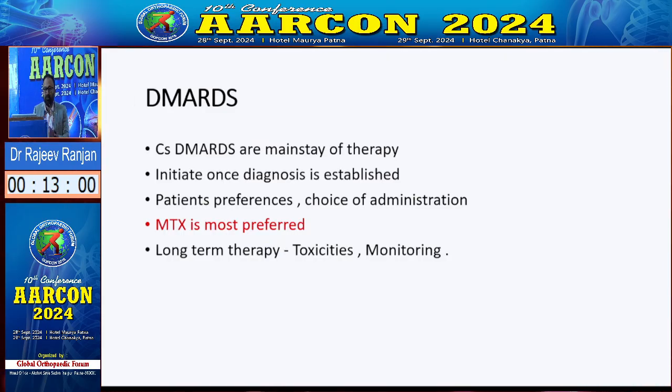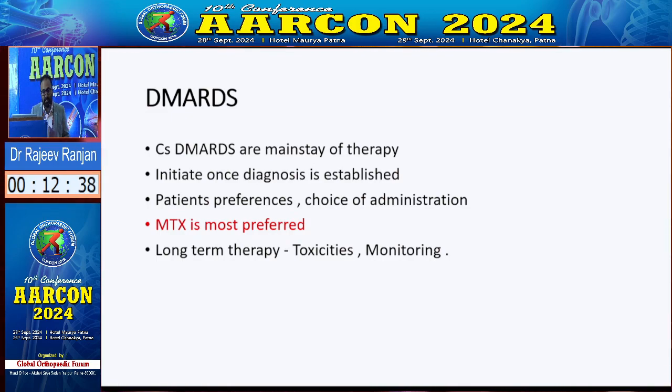As I said, conventional synthetic DMARDs are the mainstay of therapy. Once the diagnosis of RA or spondyloarthritis is established, you need to start these drugs to prevent the radiographic damage of the joints. The choice of drug depends upon a dialogue between the treating physician or orthopedician and the patient.